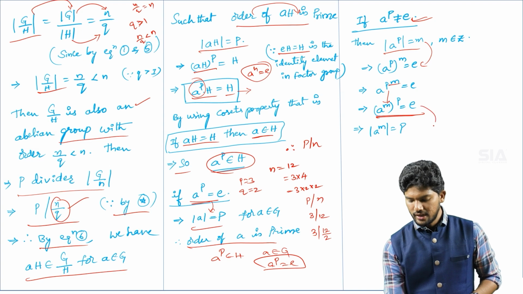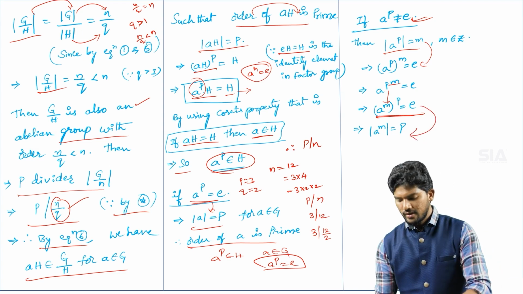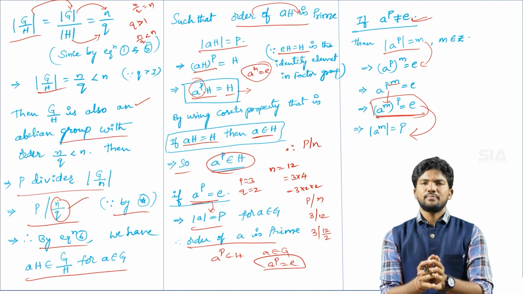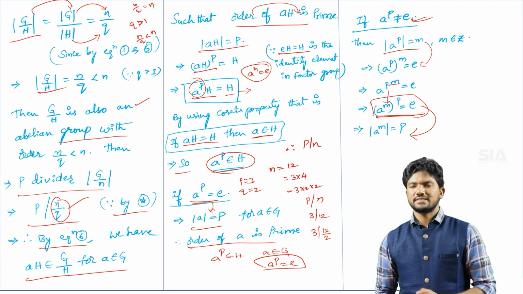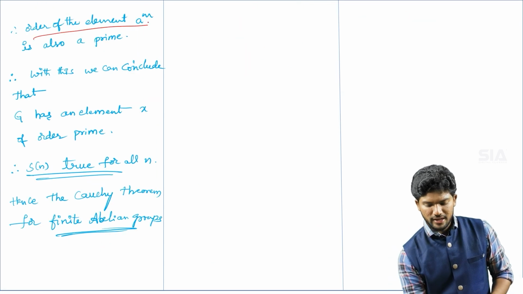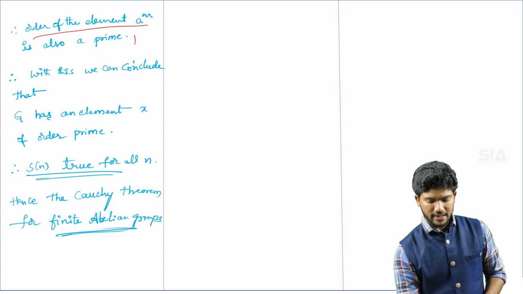So this equation you can write as mod a power m is equal to p. From this equation clearly you can say that the order of the element a power m is equal to p, where p is a prime number. So therefore order of the element a power m is also a prime number, that is p.